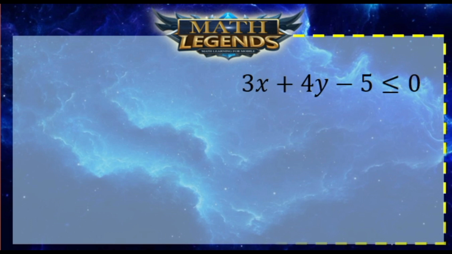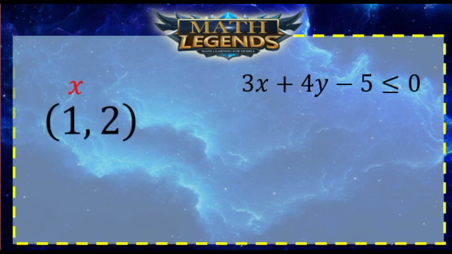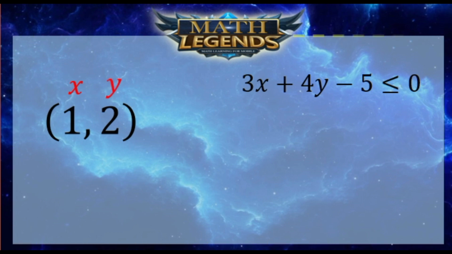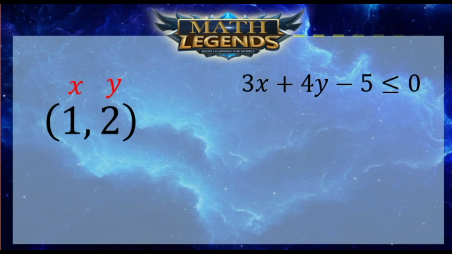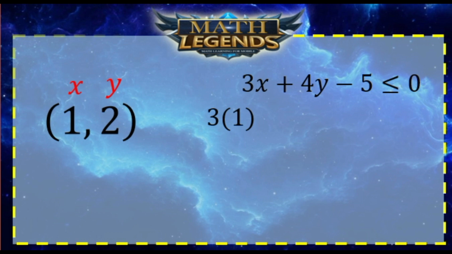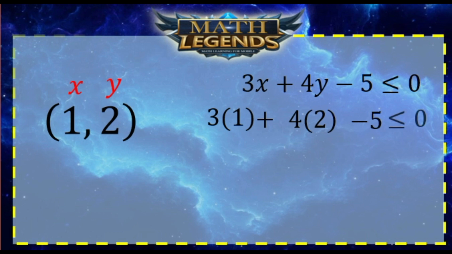Let us have the next one, which is 1 and 2. Let us substitute the values of x and y in the given linear inequality. We have x equal to 1 and y equal to 2. So 3x becomes 3 times 1, plus 4y becomes 4 times 2, minus 5, less than or equal to 0.